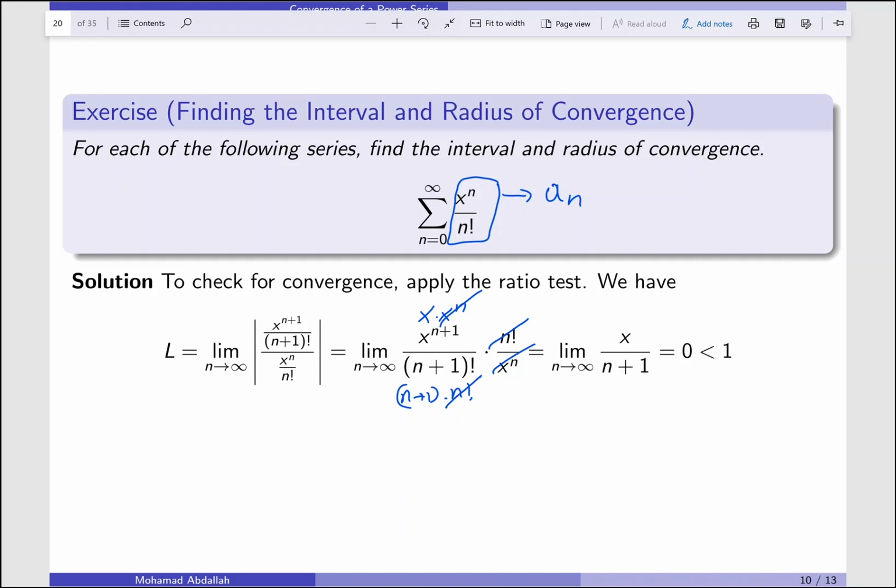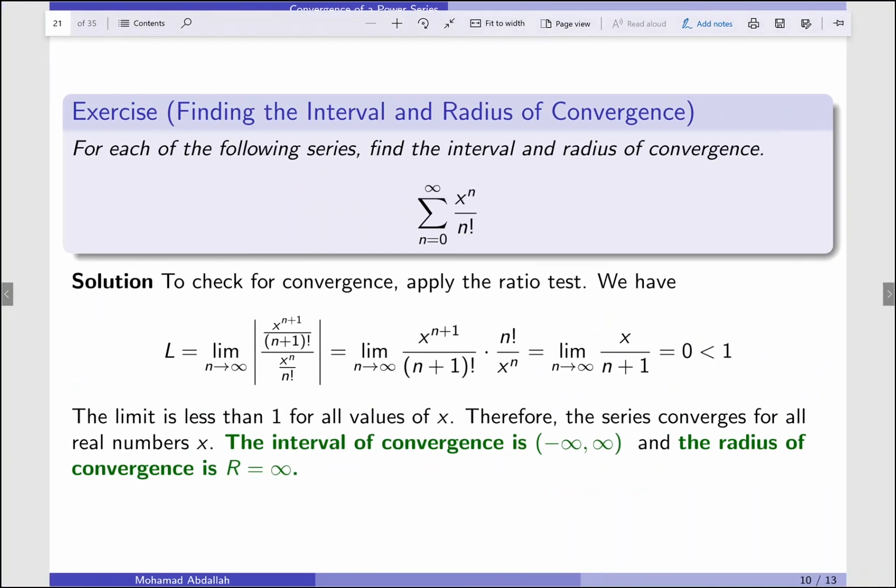Now, when you find this limit L, which is the limit of the absolute value of a_(n+1) over a_n, and you get 0, which is less than 1, that means it's convergent. Actually, it's absolutely convergent by the ratio test. I don't care what x is, I'm always getting convergence, meaning that x could be anything.